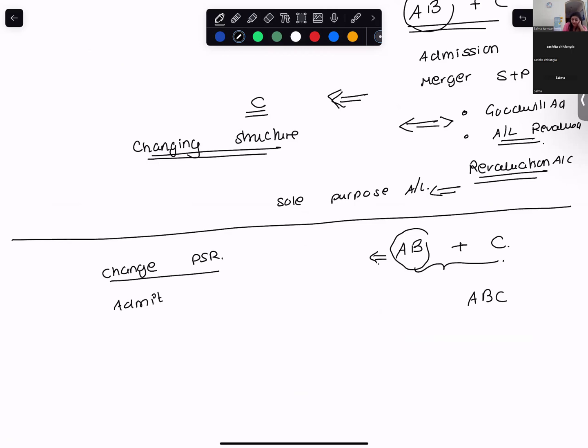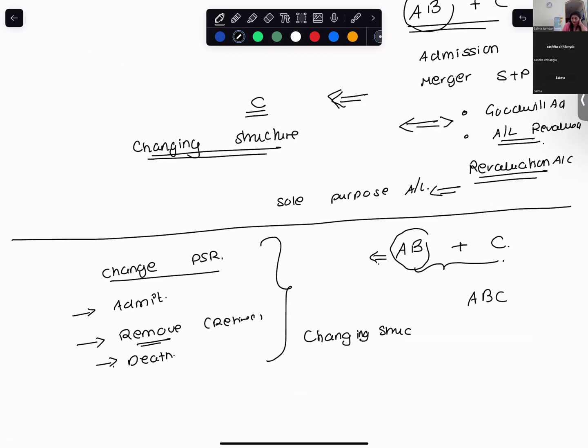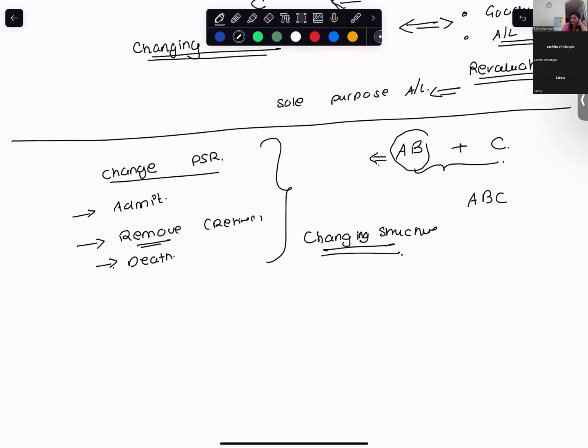You admit a new partner, you remove a partner or a partner retires, or there is a death of a partner, that means you are changing the structure of the business. So whenever you change the structure of the business, it means what?